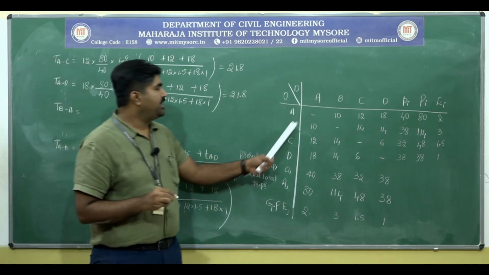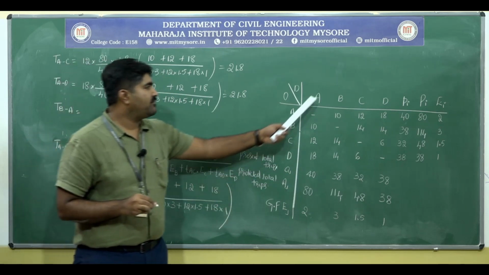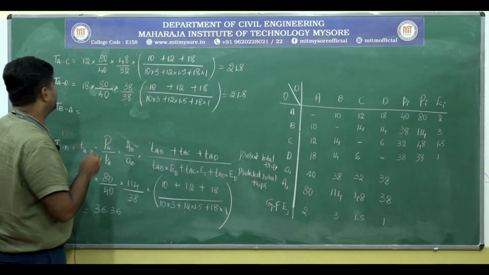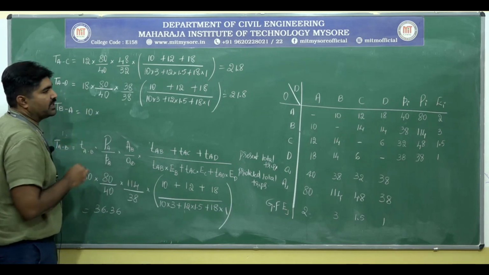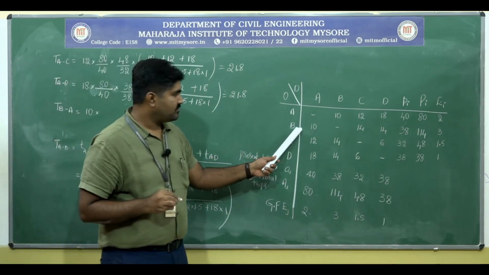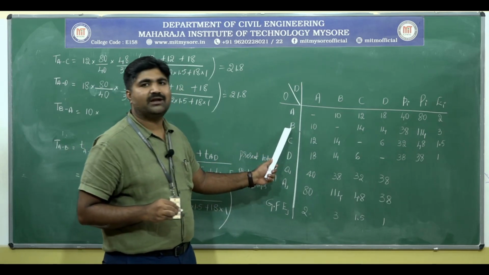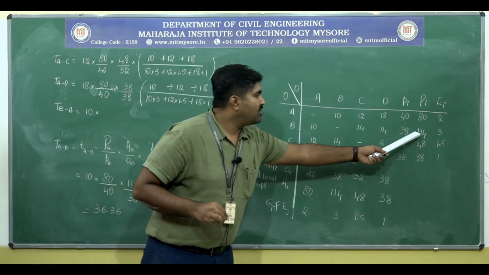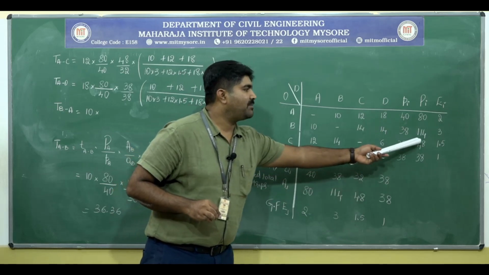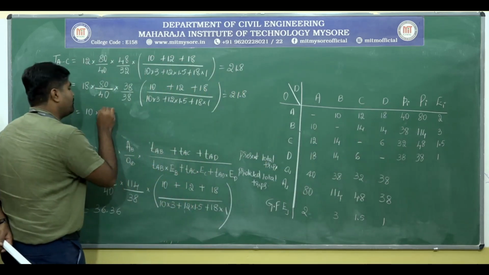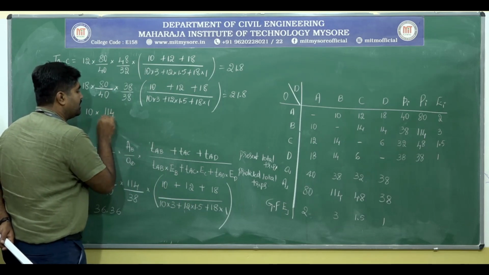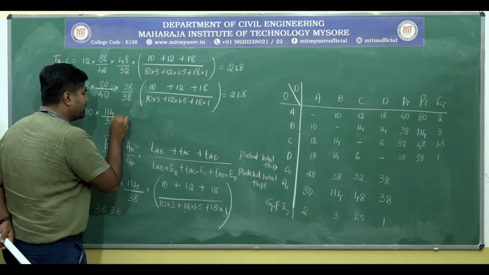Okay, next the trips between B to A. See, B to A, we have 10 number of trips, into the trips generated from B. So it is 114 divided by 38. This is the capital P I, this is small p i, 114 divided by 38.